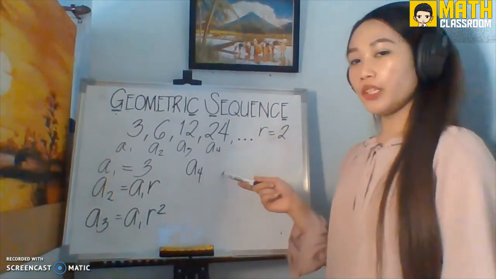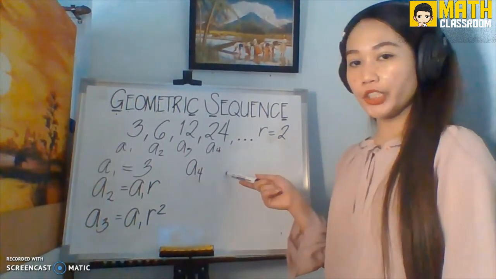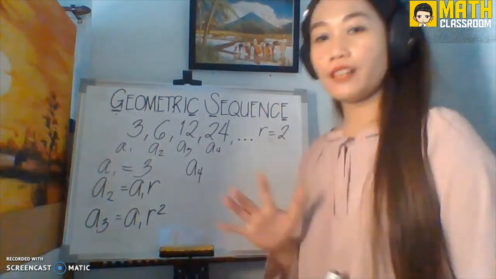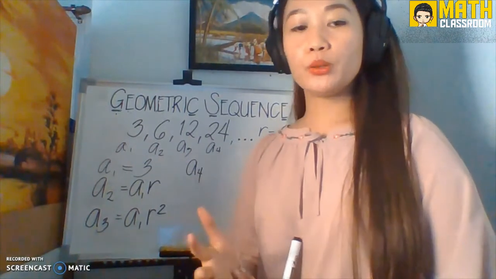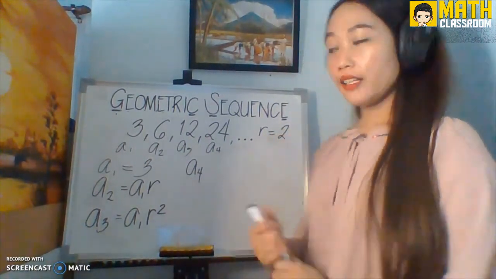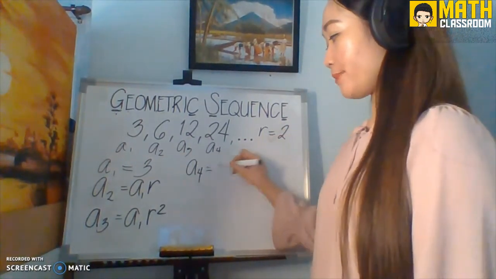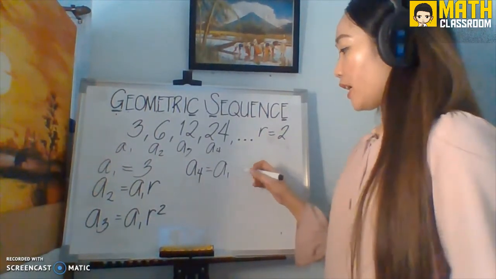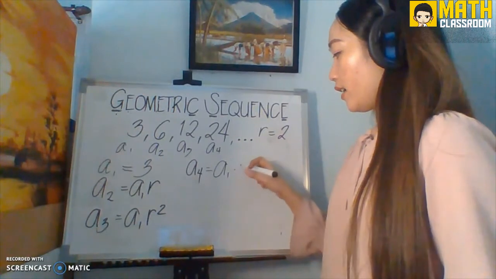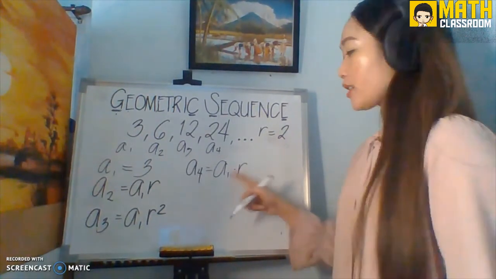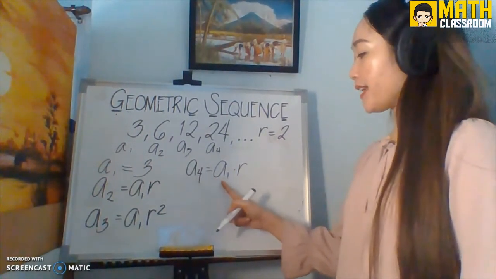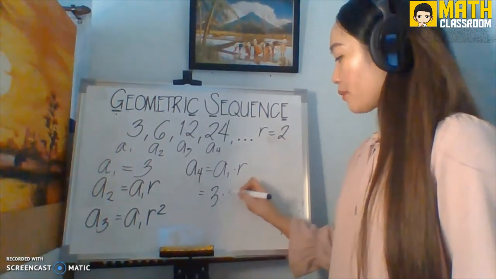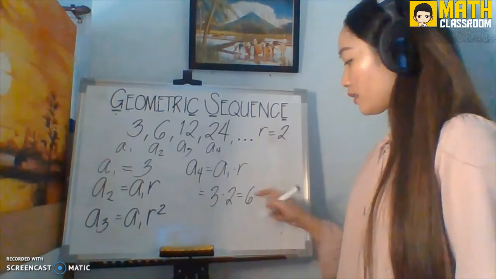How about the formula for finding the fourth term, a sub 4? Just like the solution for a sub 3, let us use a sub 1 as our base term. So a sub 1 multiplied by r. Let's check. If we multiply a sub 1 by r, that is 3 times 2, which is equal to 6.